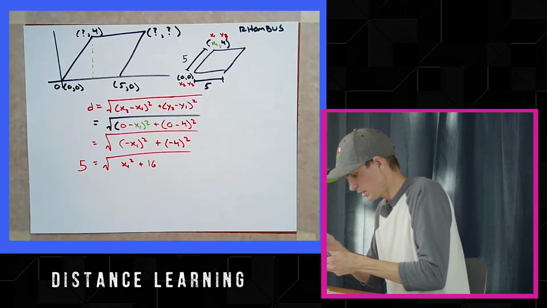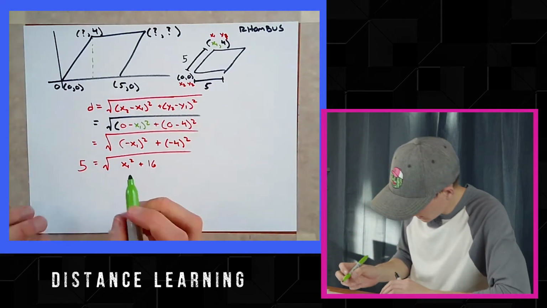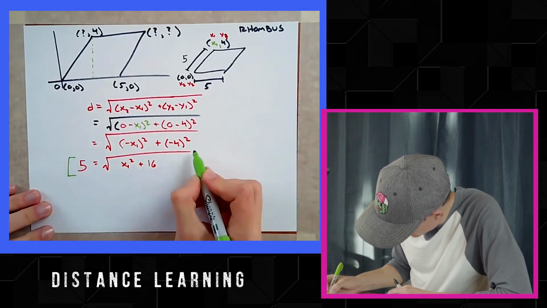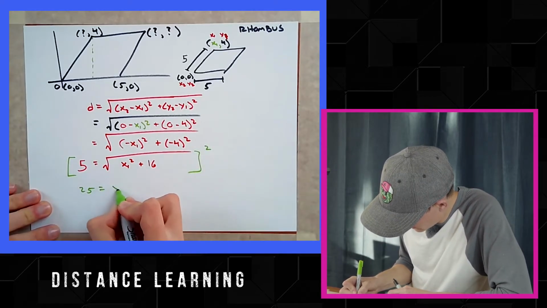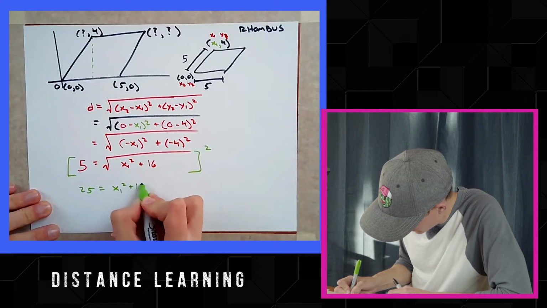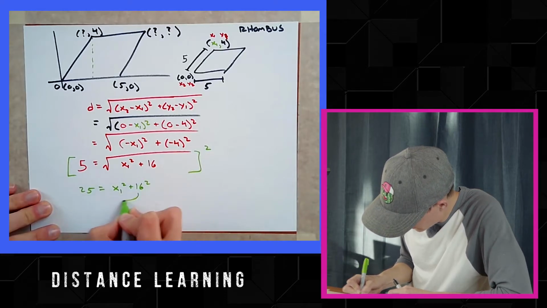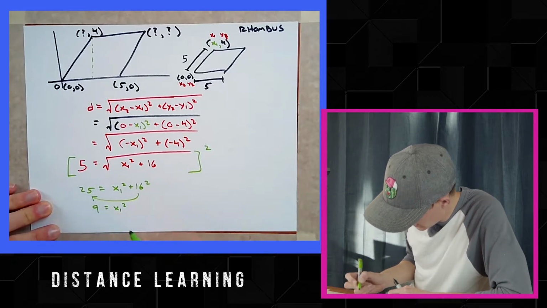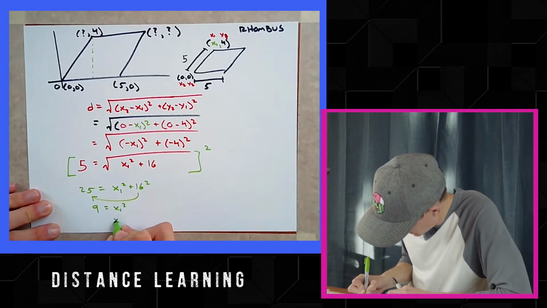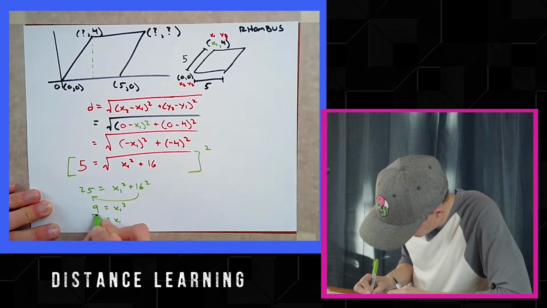So, things get crazy. I'm going to square everything. 25 is x1 squared plus 16. Subtract 16, x1 squared is 9, which means x1 is the square root of 9, which is 3.